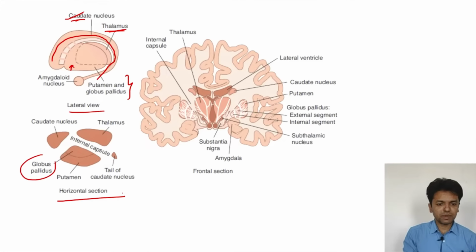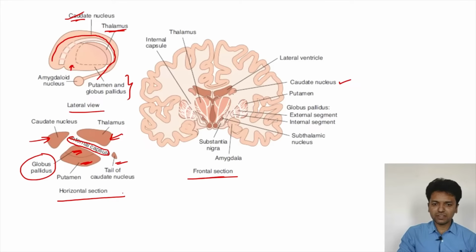Again this is globus pallidus, this portion is the putamen, this is the caudate nucleus, and we can see its close relationship with the thalamus, and also it is closely related with the internal capsule. Internal capsule is an area wherein the corticospinal tract and the corticobulbar tracts are extending, and this is the tail. And this is the frontal section wherein we can see almost all the anatomical subdivisions of the basal ganglia.